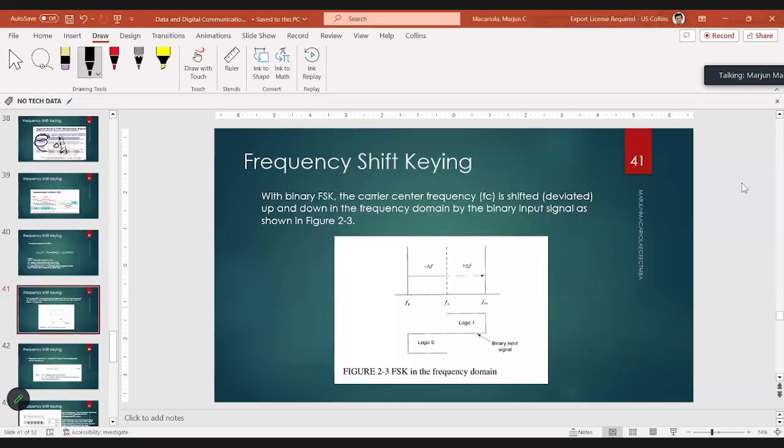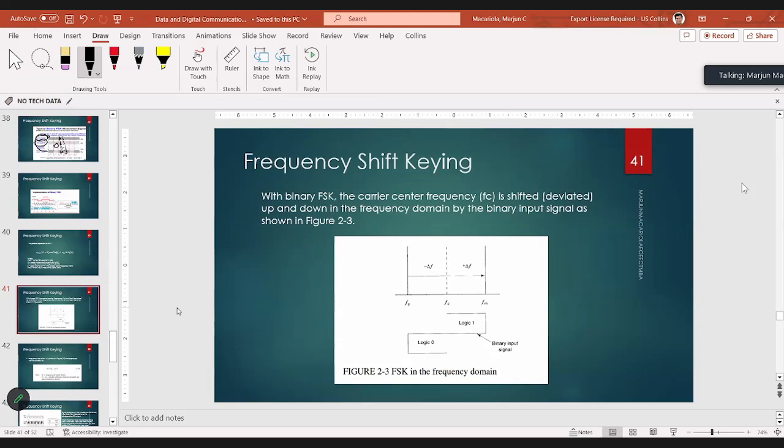Okay. So in frequency shifting, you can see in the diagram we're dealing with FS and FM. Remember, FS or space frequency is represented by logic 0.